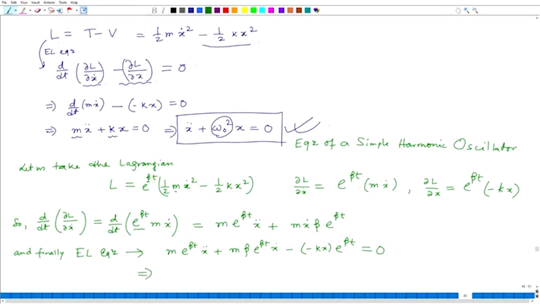And since e to the beta t is not in general 0, we can write m x double dot plus m beta x dot plus k x is equal to 0. Okay.